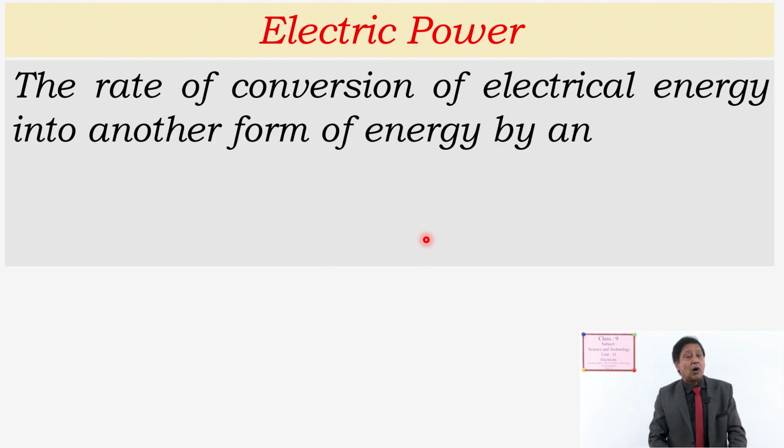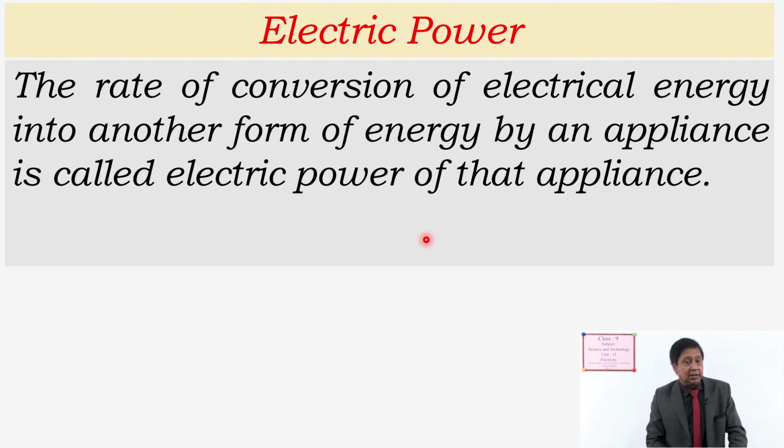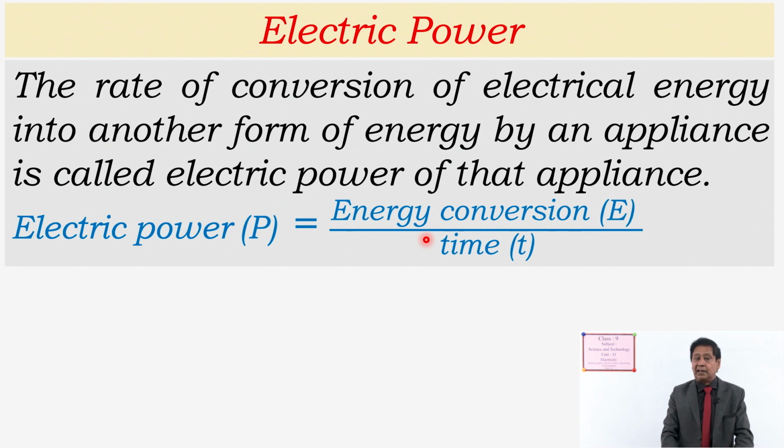Now I want to go to some other part, and this is electric power. You have heard about this. What is electric power? Now first, the definition. The rate of conversion of electrical energy into another form of energy by an appliance is called electric power of that appliance. You have done mechanical power in lower classes.